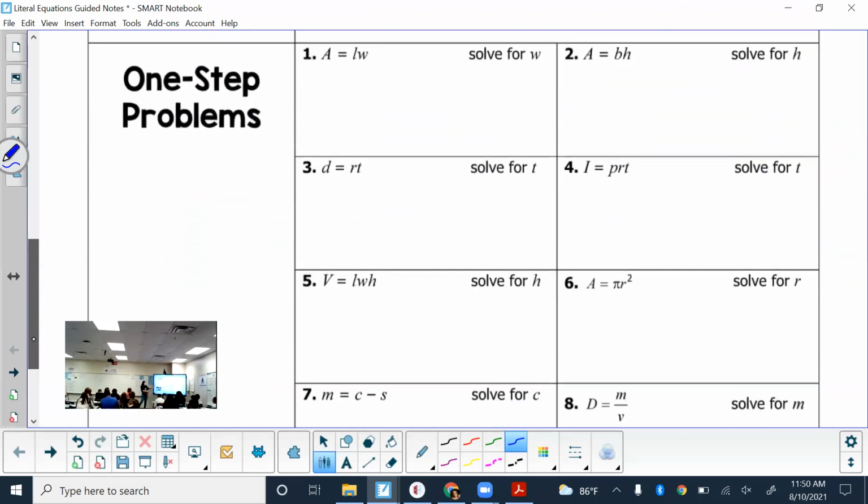We're not going to do all of these because I think you'll get enough practice on your practice. So let's look at number 4 together. Notice these all tell us specifically what to solve for. So if it says solve for t, what do I need to get that t to be? Separate by itself on one side. So look at what's being done to the t in number 4. What's being done to it?